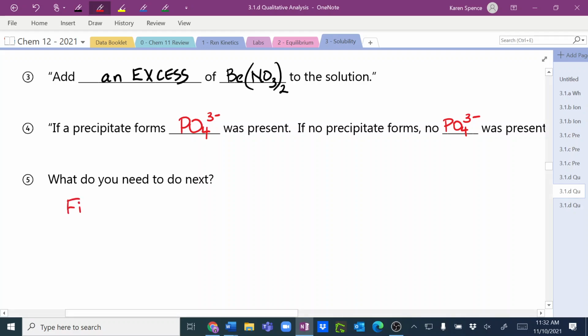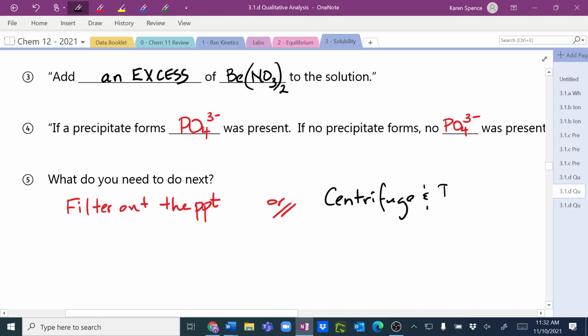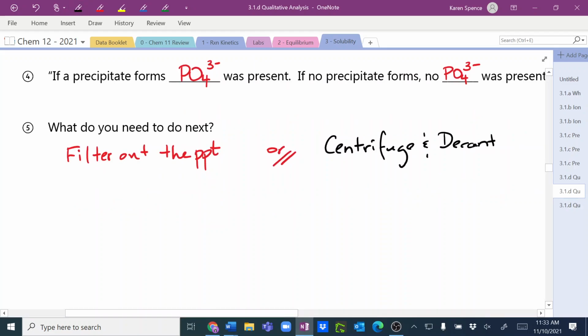Filter out the precipitate, or what's our other choice? Centrifuge and decant. And if I'm really clever, either Friday or Monday, I'll actually pull out the centrifuge and get you guys to give it a try, okay? Because it's a fun experience. Filtering, I mean, it's not fun, but it's kind of long and involved.